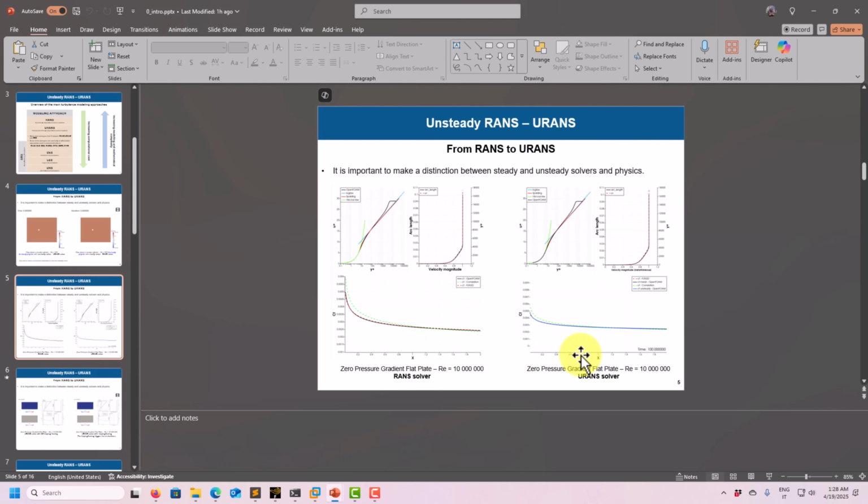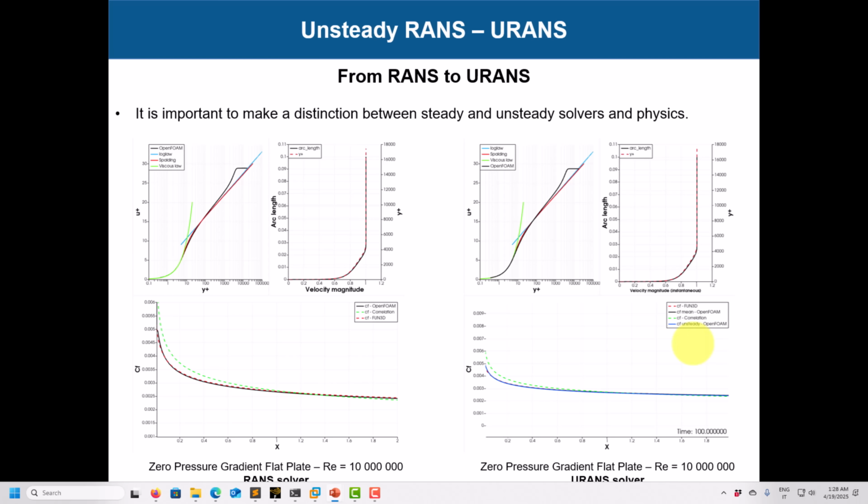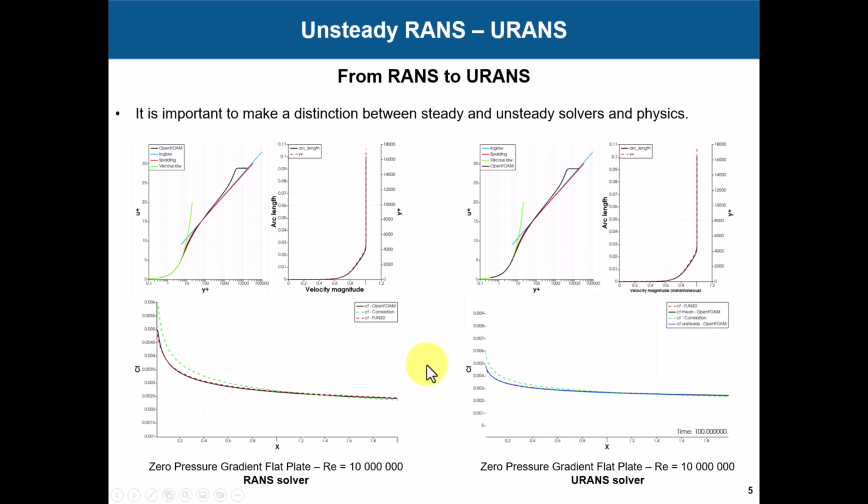Here we have these two solutions, and we're comparing the RANS and URANS solutions. As you can see, they are exactly the same, or have probably very, very small differences, and we're validating the results on the classical flat plate case.